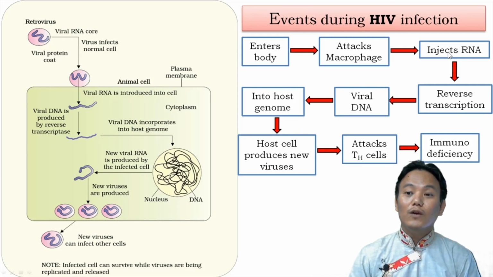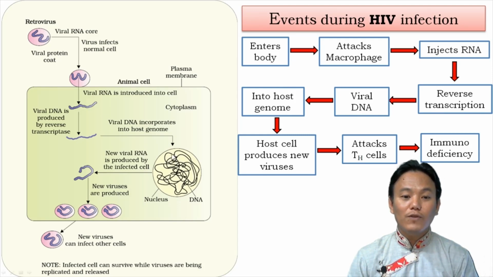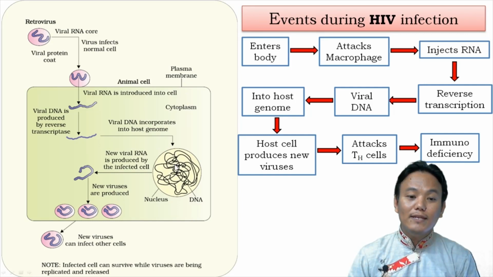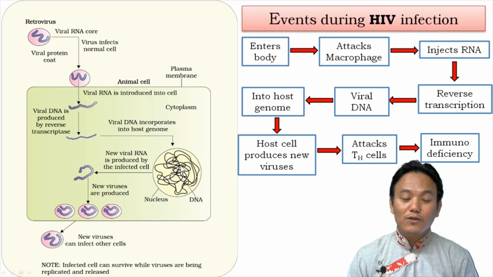So viral RNA gets copied into viral DNA through reverse transcription, and the viral DNA then gets incorporated into the genome of the host. The viral DNA goes inside the nucleus of the macrophage and gets incorporated into the DNA of the human being. Then this particular cell starts producing new viruses, because now the viral DNA is also present inside this DNA.